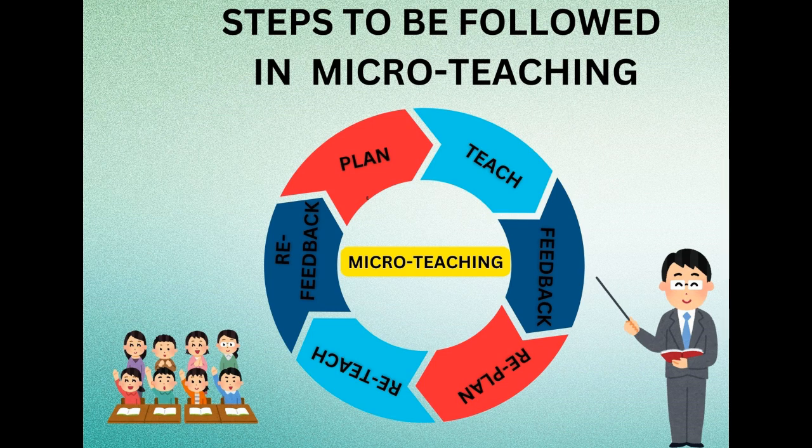A very important thing at this stage is that if any negative feedback or comments come, you should not take this as a personal note, but instead should choose to work on the valuable feedback. After obtaining the feedback, the next step would be to replan the lesson.